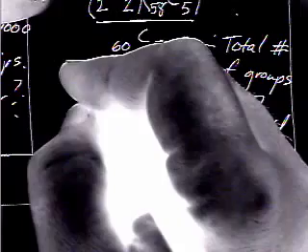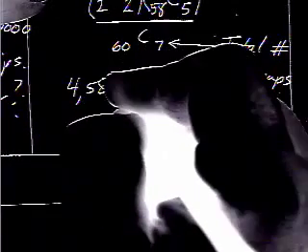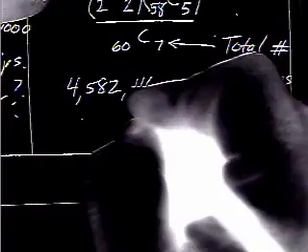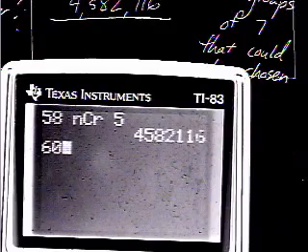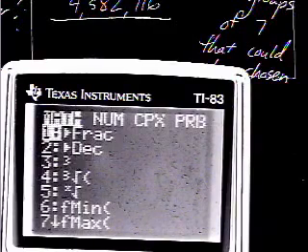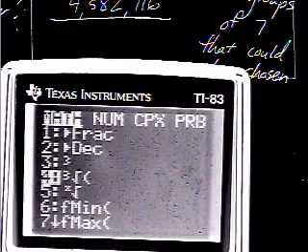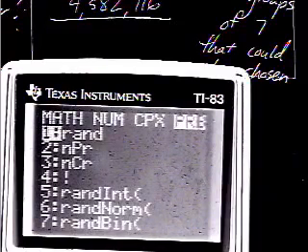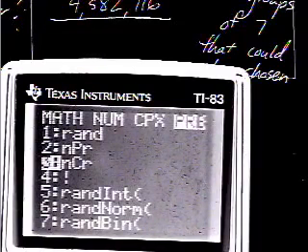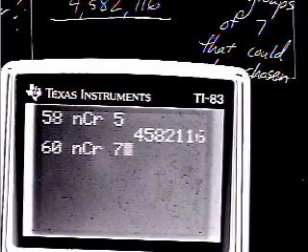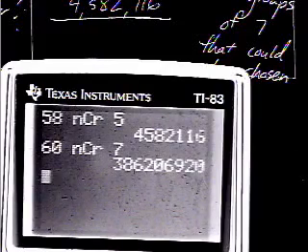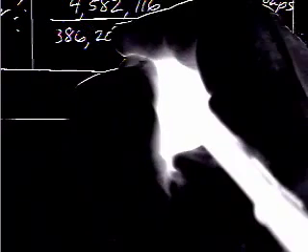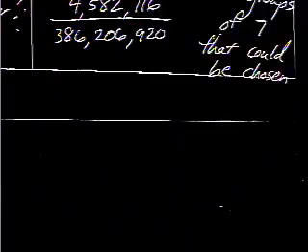So we have 4,582,116 divided by 60, Math, PRB, too far, nCr, 7. 386,206,920.